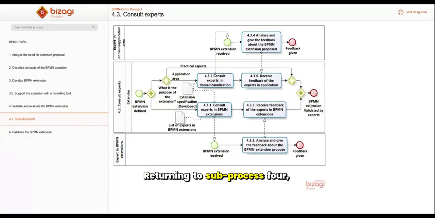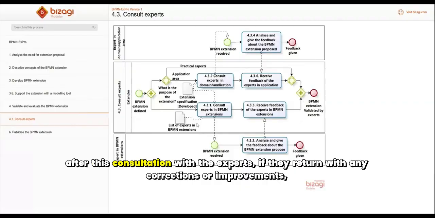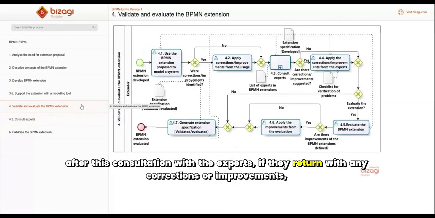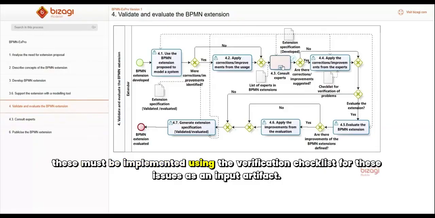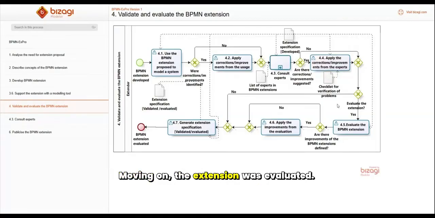Returning to sub-process 4, after this consultation with the experts, if they return with any corrections or improvements, these must be implemented using the verification checklist for these issues as an input artifact. Moving on, the extension was evaluated.